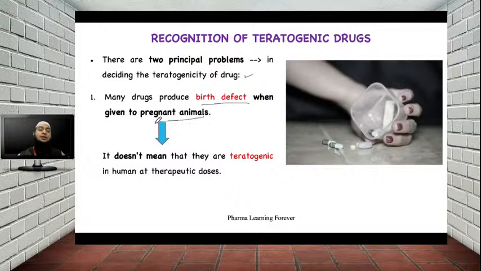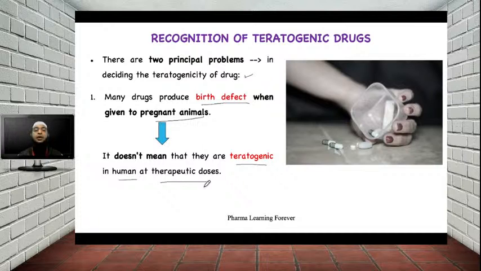What does it mean? It means that when a drug produces birth defects in a pregnant animal, it doesn't mean that it is teratogenic in humans at a therapeutic dose. So that doesn't always reflect on the human model; sometimes it reflects and sometimes it doesn't.